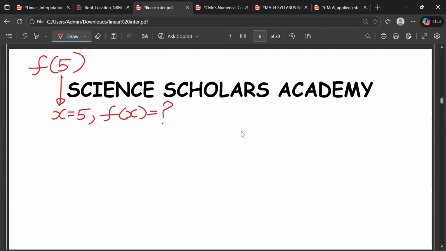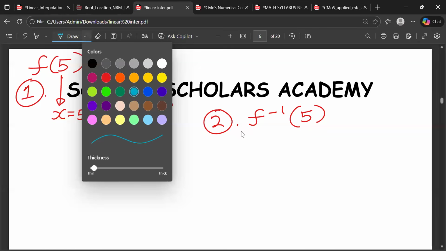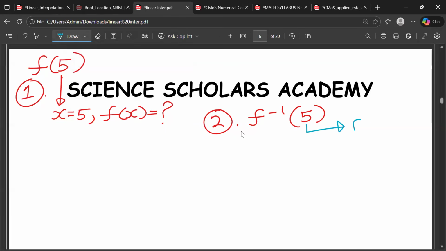That is case 1. Case 2, when they give you f inverse of 5, for the reasons I've given, this 5 is the function. So f of x is 5. And now they want you to get x when f of x is 5. As simple as that.